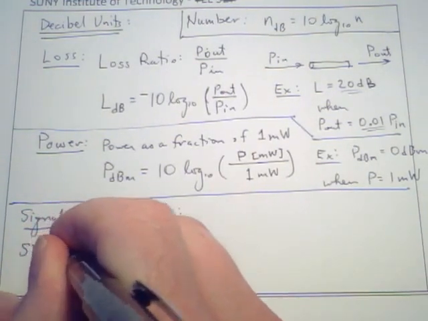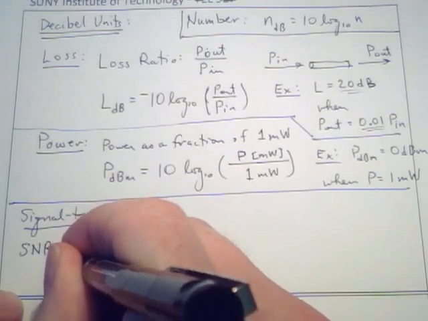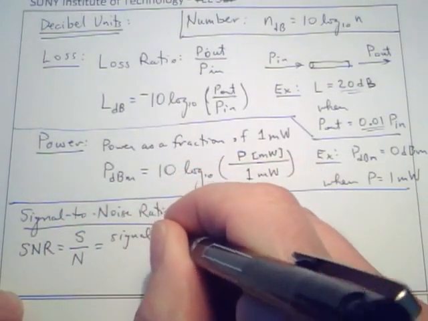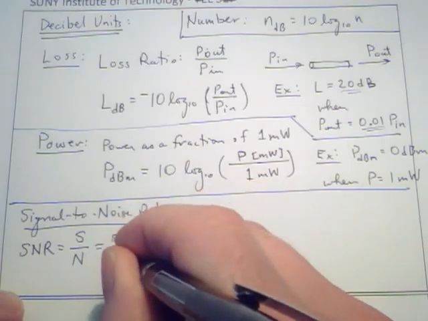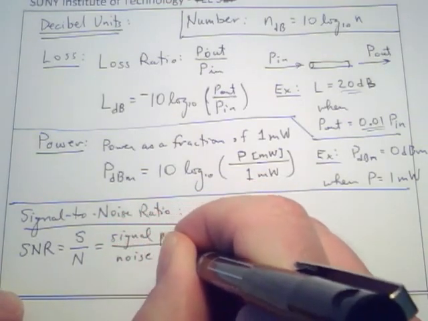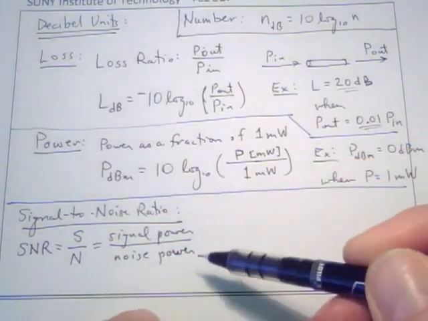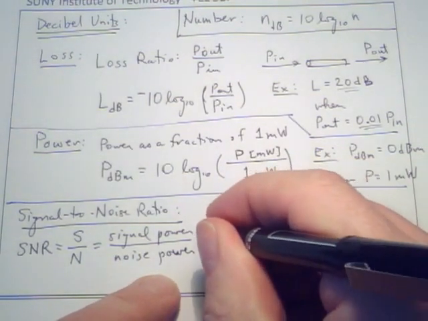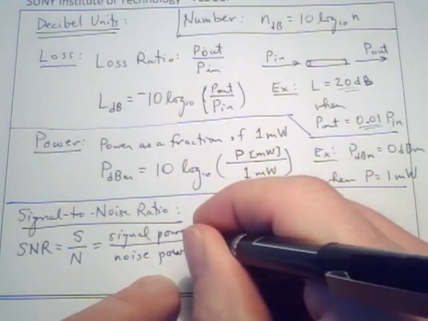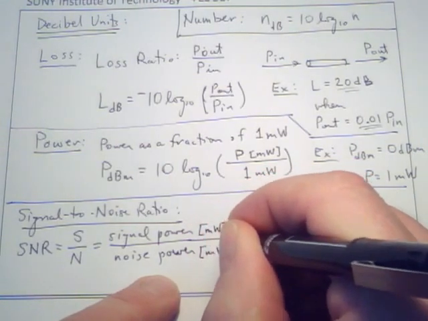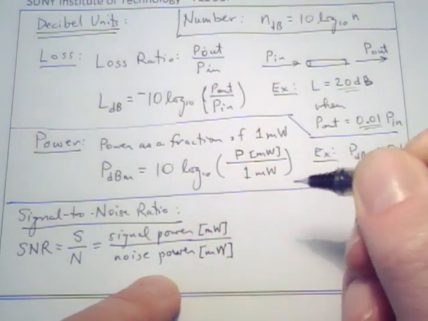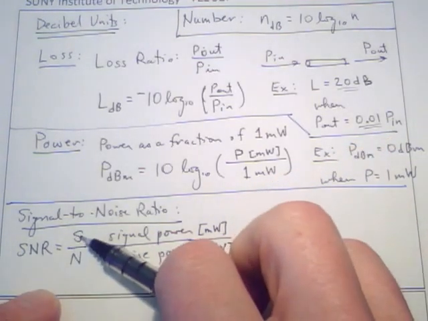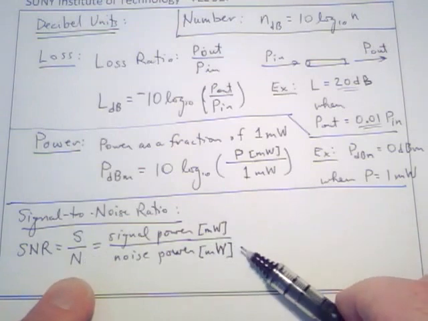SNR is equal to the signal power divided by the noise power. Both of them have to be in the same units, milliwatts or watts. Let me just call it milliwatts for convenience's sake, but they could be watts. But remember, you do not divide signal and noise powers when they're in dBm.